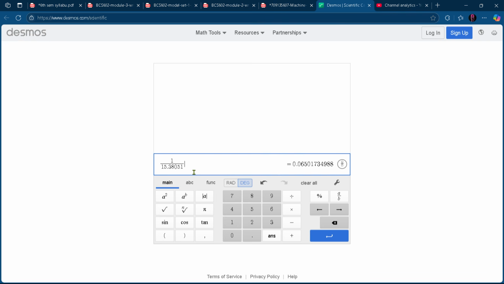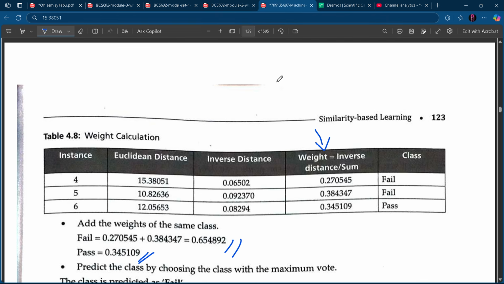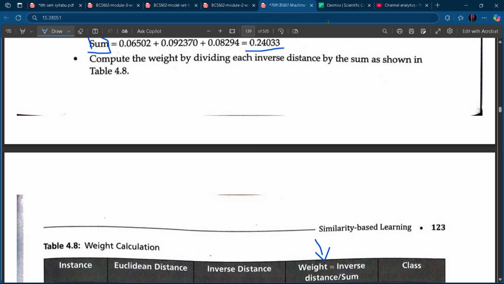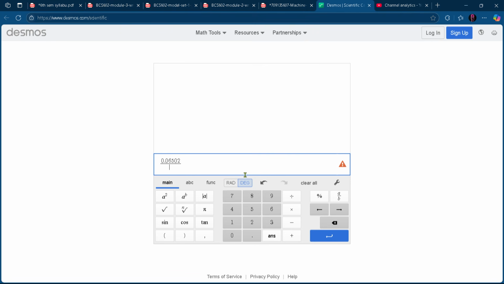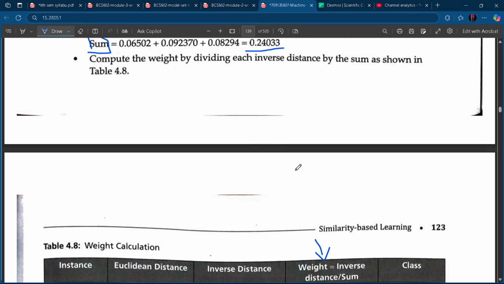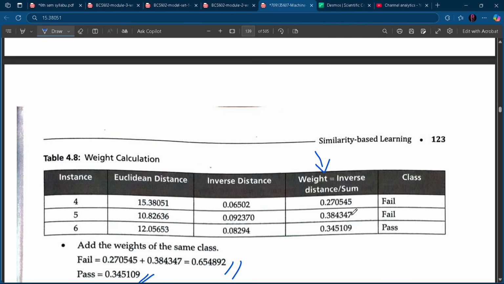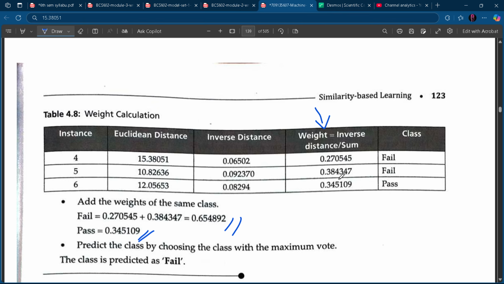So if I write 0.06502 divided by, what's the value? 0.24033. See, 0.2705. See, 0545, just like that. Then you got the weight.